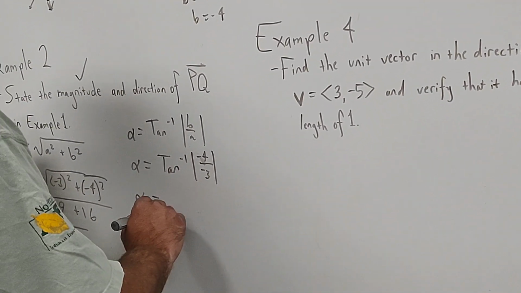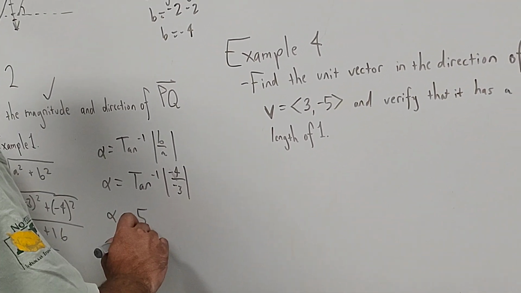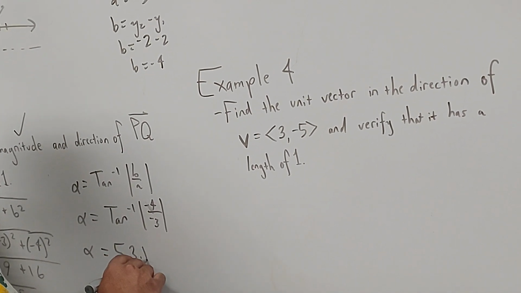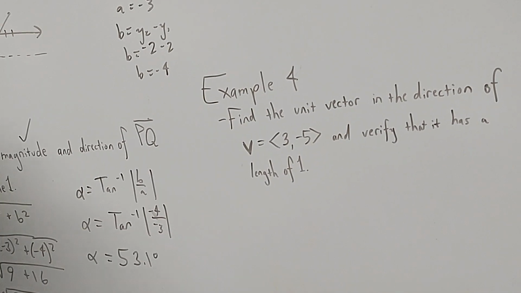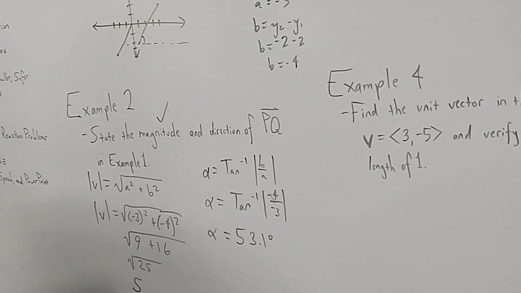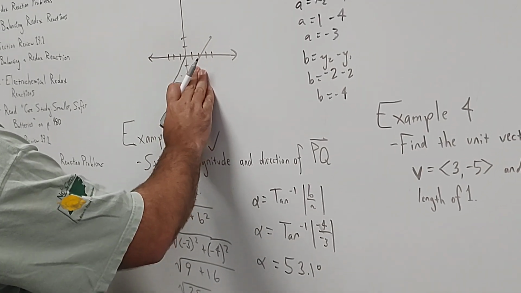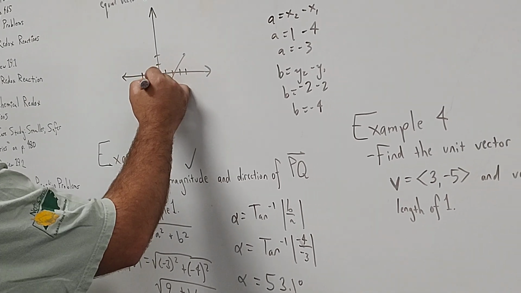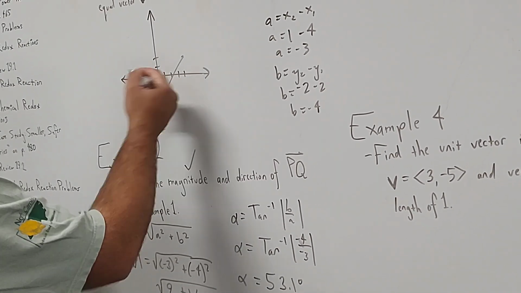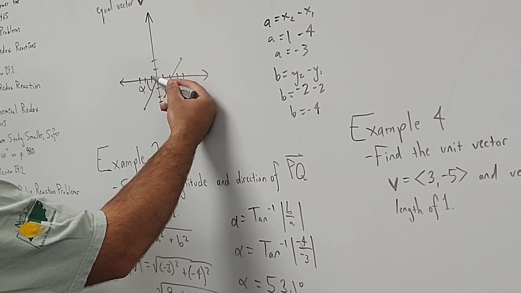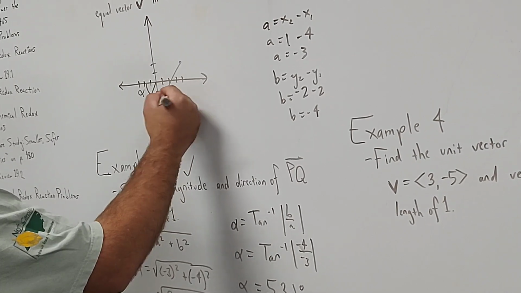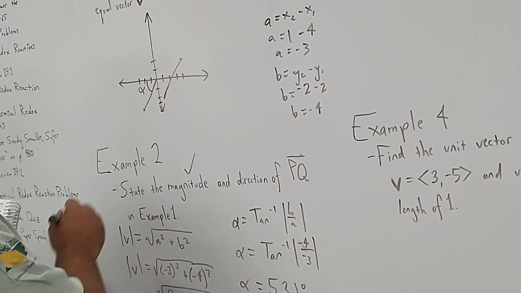Plug this into a calculator, and we get that alpha is 53.1 degrees. Oh, I told you wrong. I want to make sure I get this right. Alpha is this, from the x-axis to the angle in standard position.